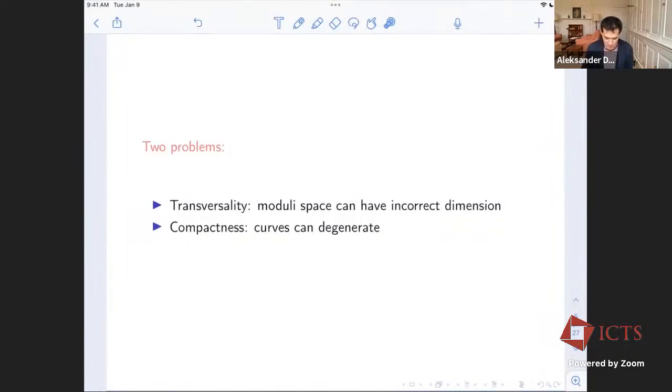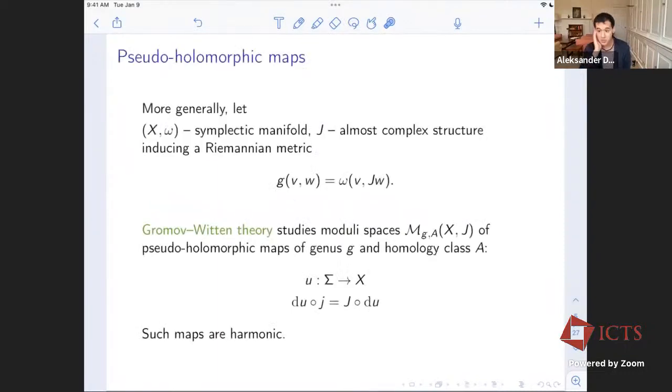So one way of overcoming these two difficulties is to extend the class of manifolds you consider, and instead of considering projective manifolds, you allow a more general class of manifolds with non-integrable almost complex structures.